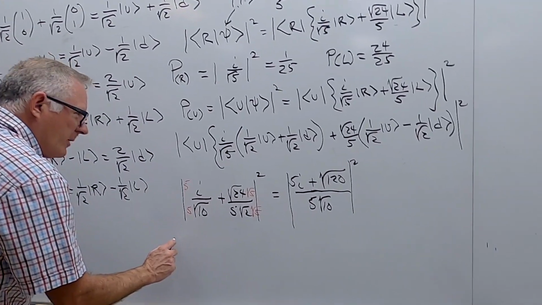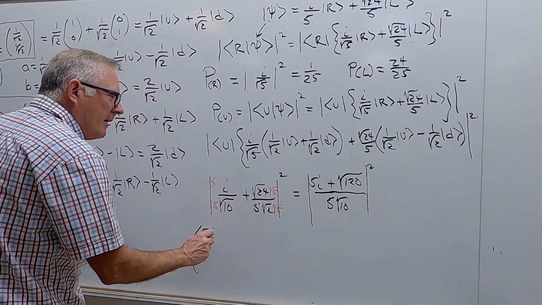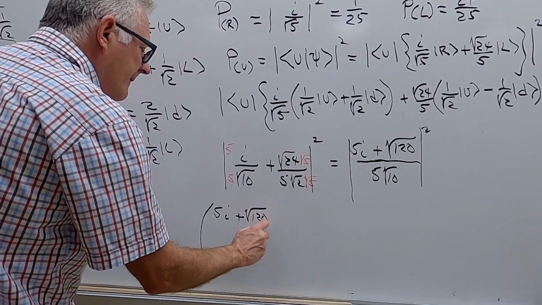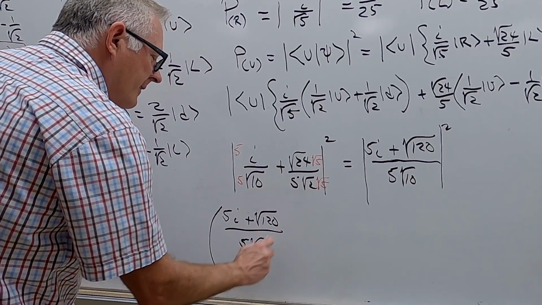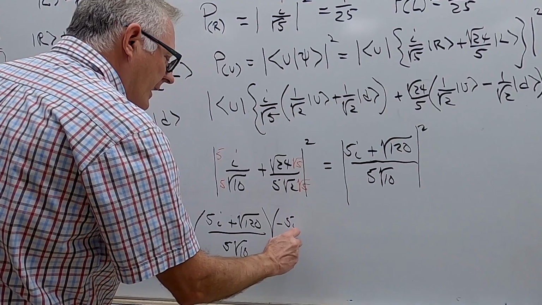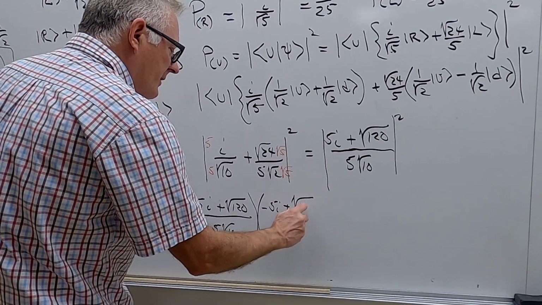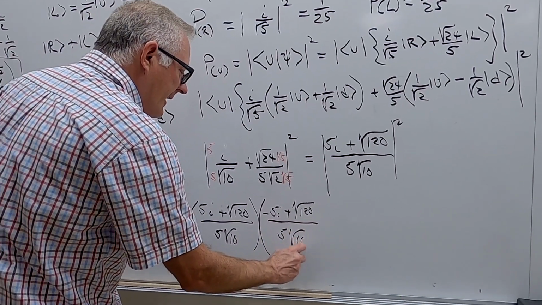So if we multiply it through, we have 5i plus the square root of 120 all over 5 square root of 10, times the complex conjugate, minus 5i plus the square root of 120 all over 5 square root of 10.